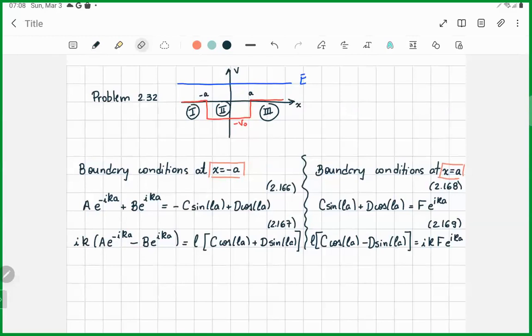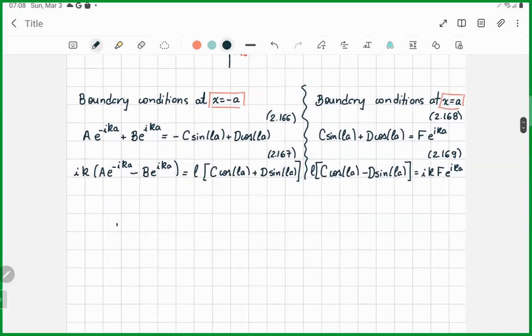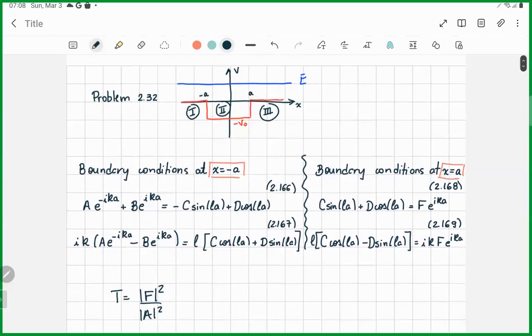What is it that we want to do now? We want to find the transmission coefficient. Remember, the transmission coefficient is this F squared divided by this A squared. What do F and A mean? A is related to the whole wave function that comes in from the left, and F is related to the portion that passes through that well and keeps going to the right.